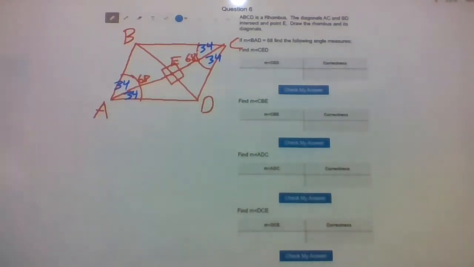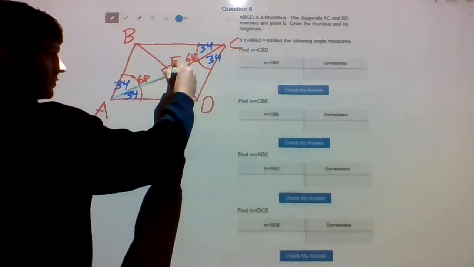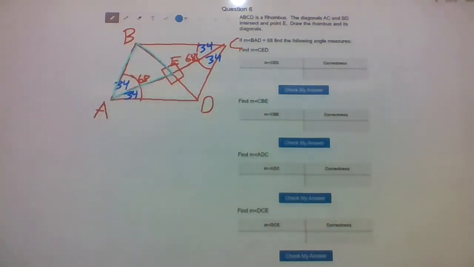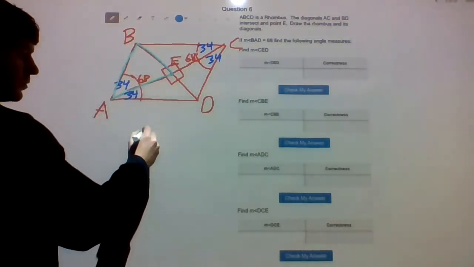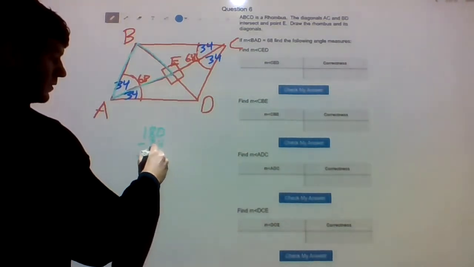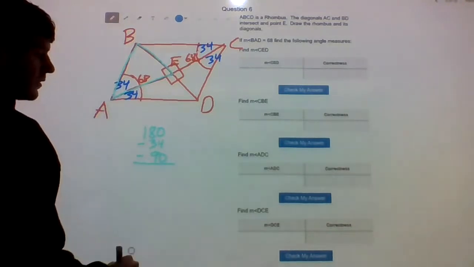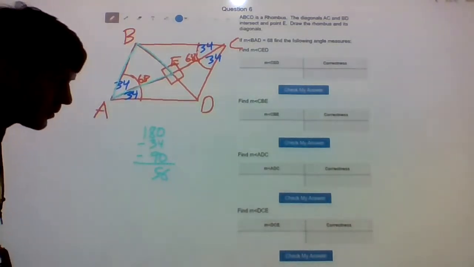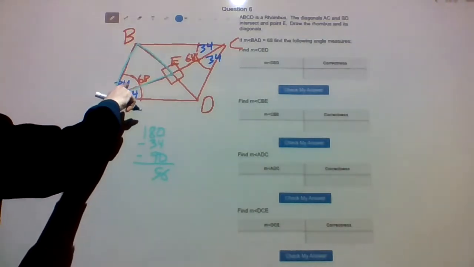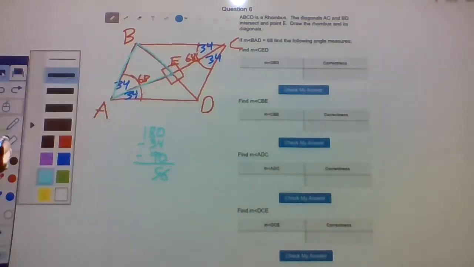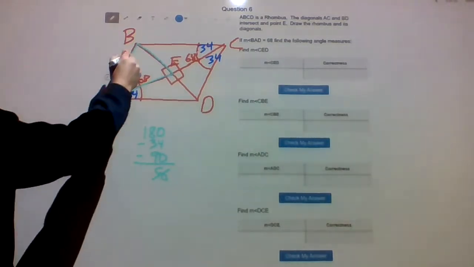Let's do a light color here. We want to look at this triangle. We know the 3 angles of a triangle add up to 180. So if we do 180 minus 34 minus 90, that's going to give us 56. You guys probably can't see that very well, but 56. 180 minus 34 minus 90 gives us this angle up here, which should be 56.